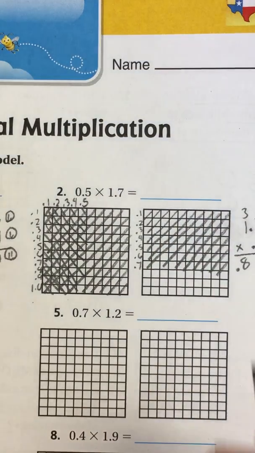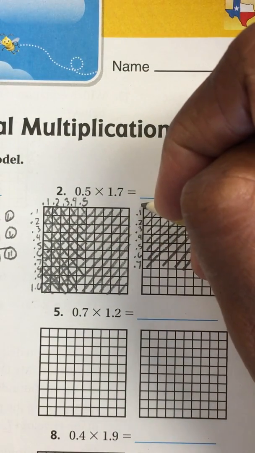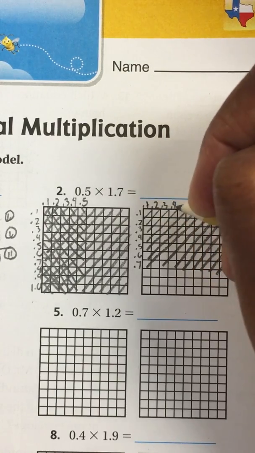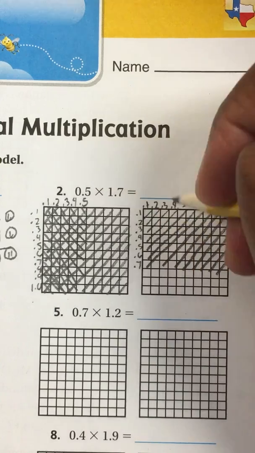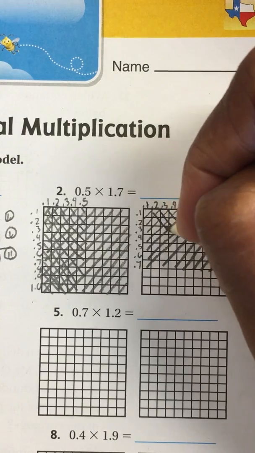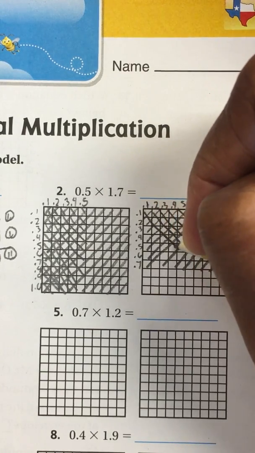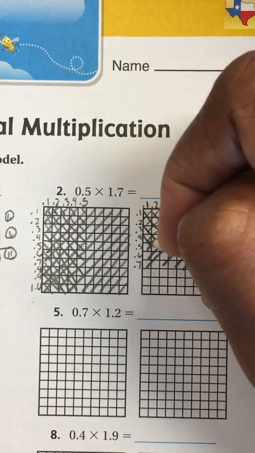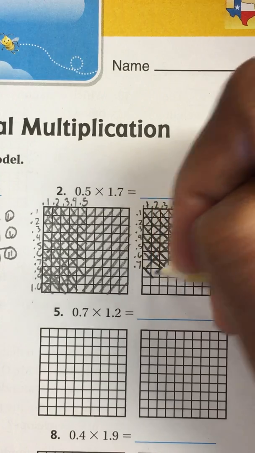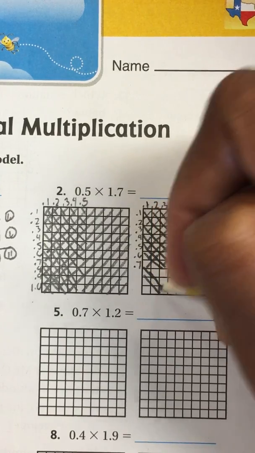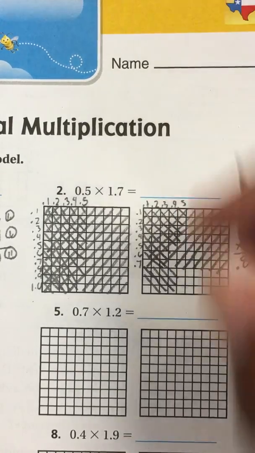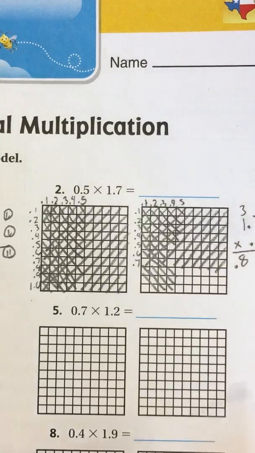All right, and then I need to shade 5/10 on this one as well. So make sure I go all the way down to the bottom for my 5/10. So even though the 7/10 stops right there, I have to keep shading my 5/10 all the way down.